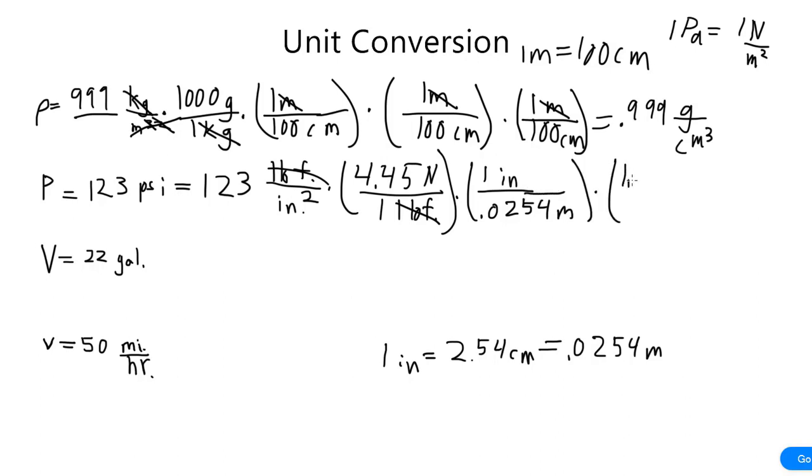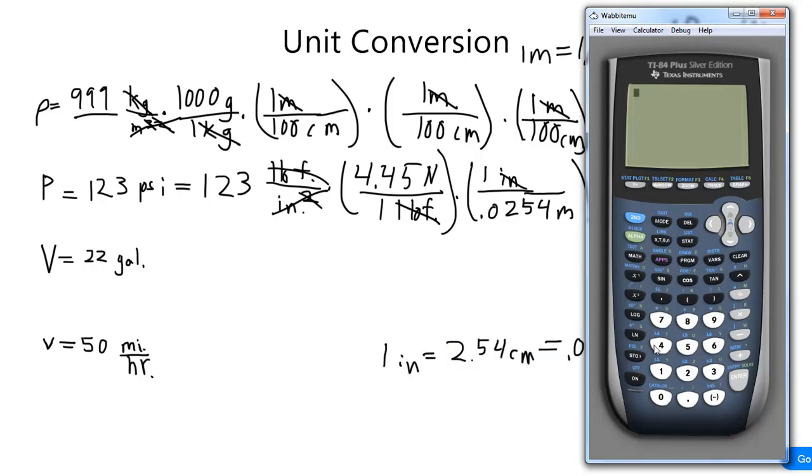And then we have one more for meters, and then that's going to equal, so inches, both those cancel with this, and then we're left with meters squared. So now it's time for our calculator.